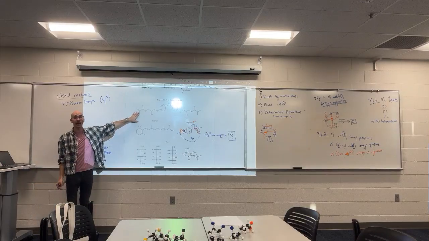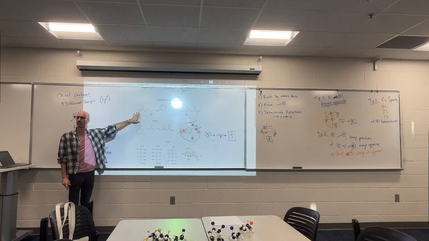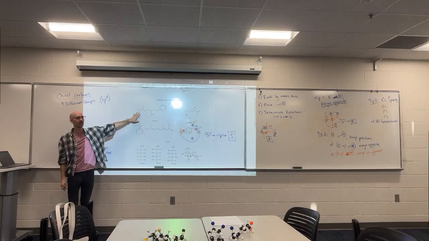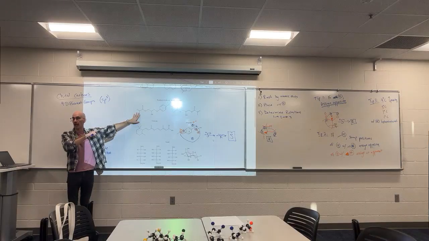Currently, they do not have an absolute configuration. Why? There's no wedges or dashes shown. If there's not a single wedge or dash shown, you have no information about how it's oriented in space. This is neither R nor S because there's not enough information.